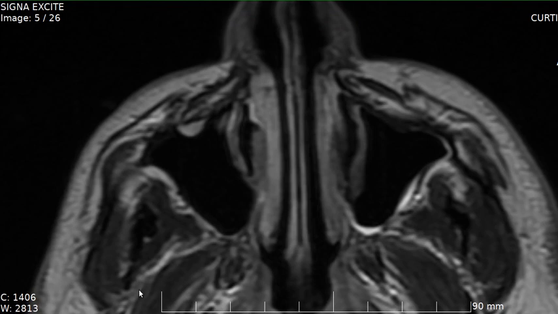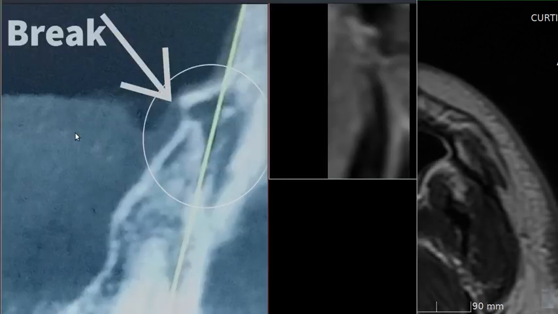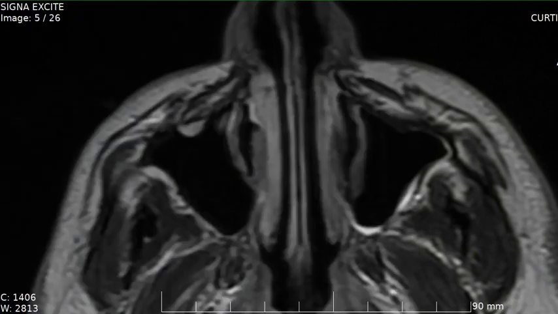Okay, instead of filling it up this way where that break is, it would fill it up this way instead of this way. Okay, that is about it.